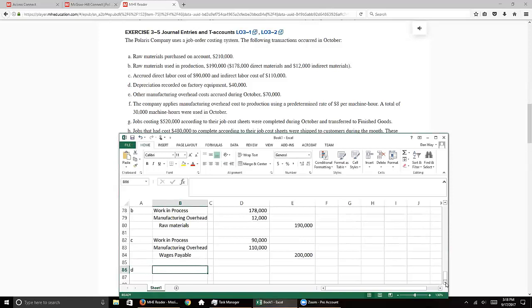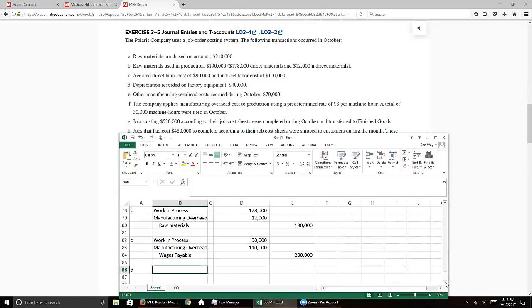Letter D said depreciation recorded on factory equipment was $40,000. Depreciation on factory equipment is associated with the factory and our production process, so it has to be a manufacturing cost. We know that our indirect manufacturing costs are all considered manufacturing overhead.